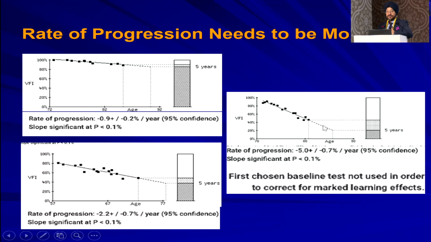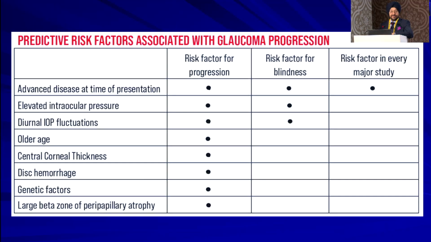So this patient is going downhill. So you can see from this how the patient is progressing. And the important thing is that if you want to convert this percentage into decibels, roughly 3% VFI is equal to 1 decibel loss. These are risk factors associated with progression.